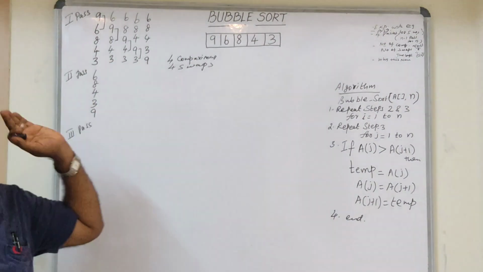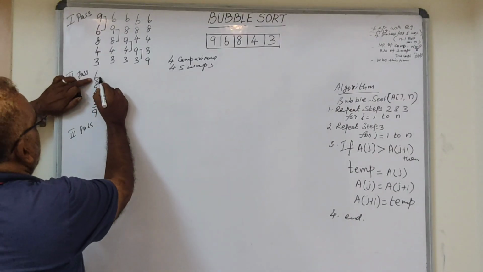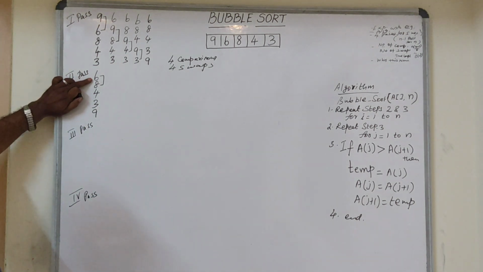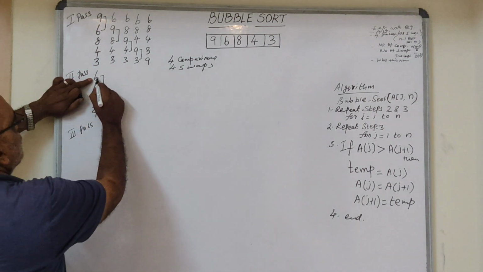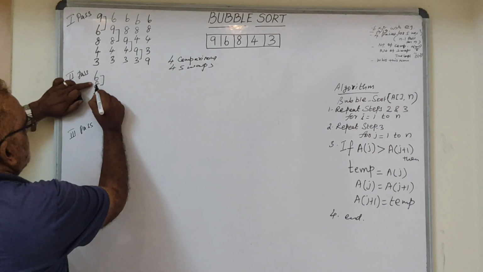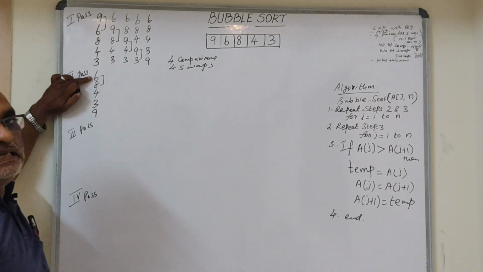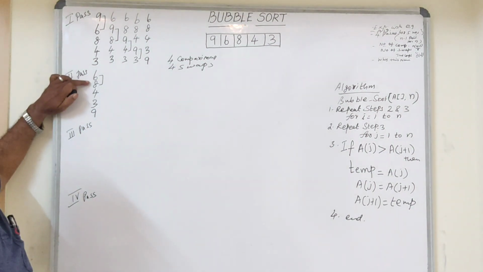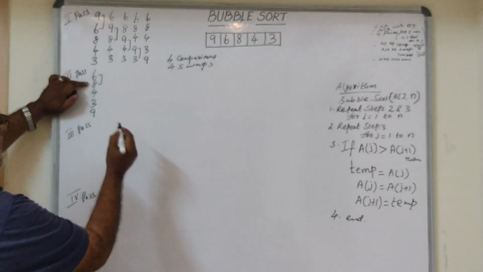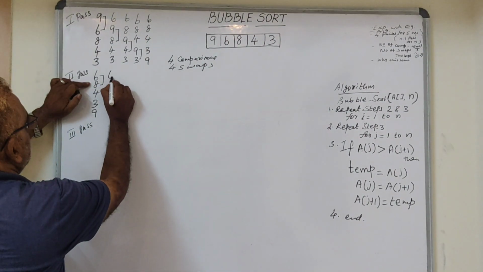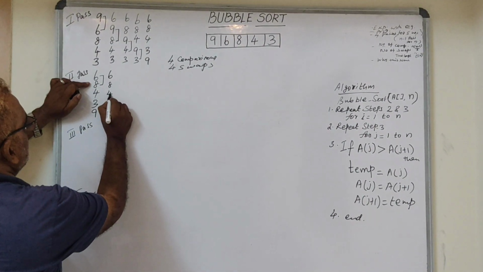Again, you have to repeat the same procedure. Take this value, compare it with the next one. So this is A[j] and this is A[j+1]. A[j] is not greater than A[j+1]. So here no swapping, it will be as it is.